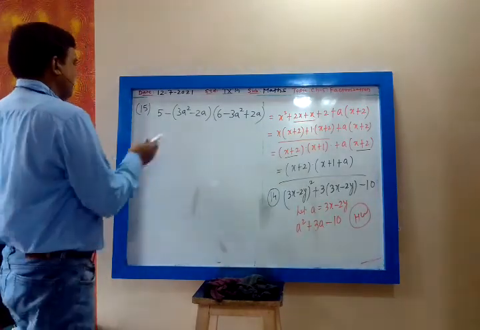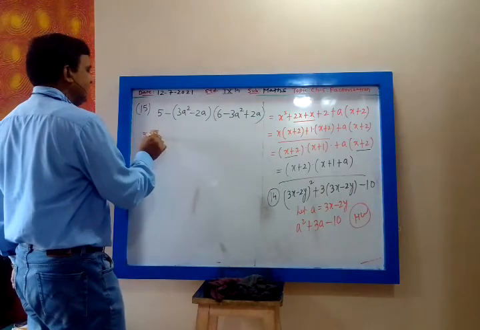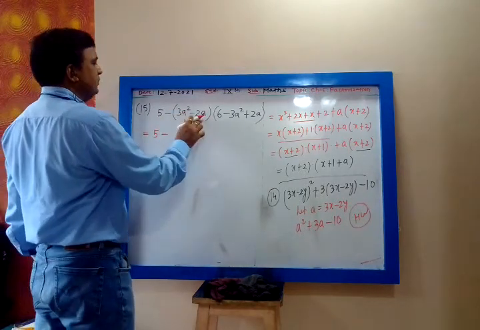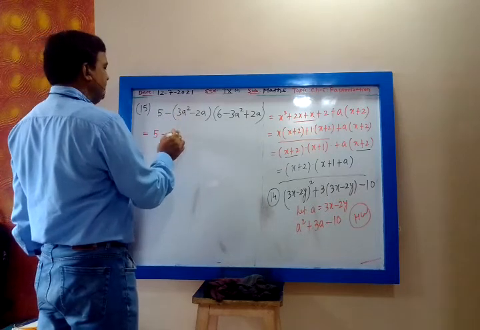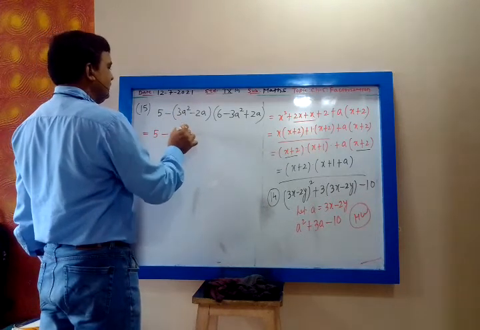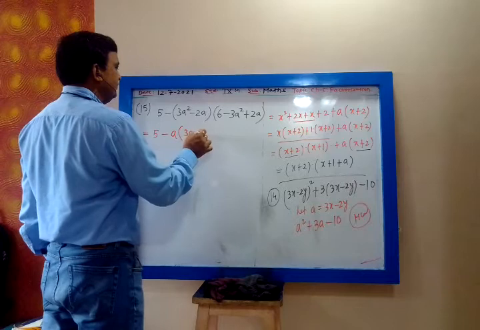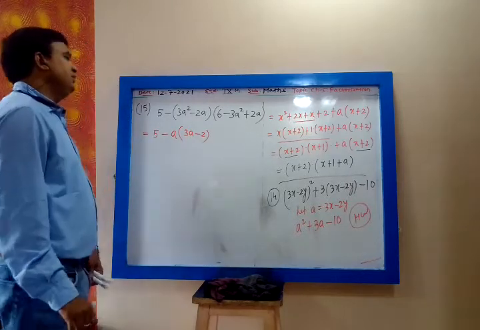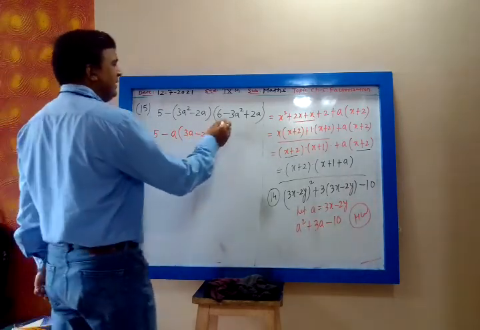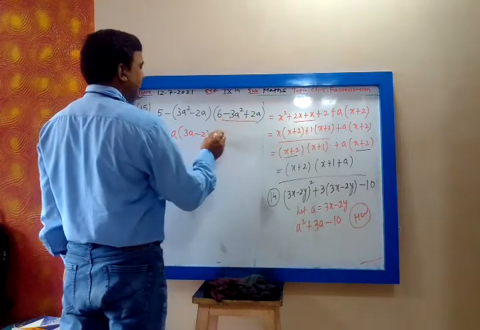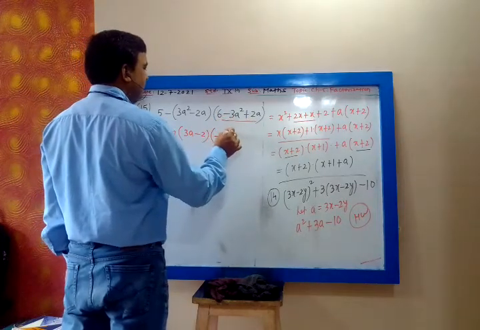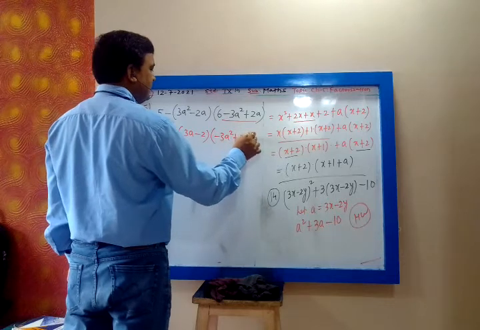So this is 5 minus, what is common in these two? a is common, then what is left? 3a minus 2. Then this is my quadratic, which I will rewrite as minus 3a square plus 2a plus 6.